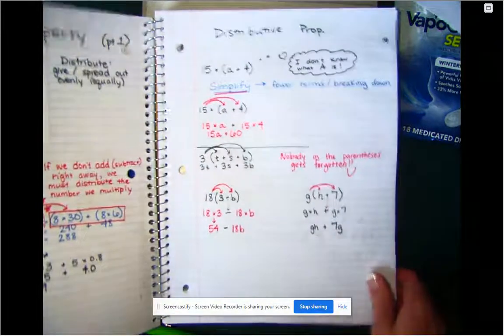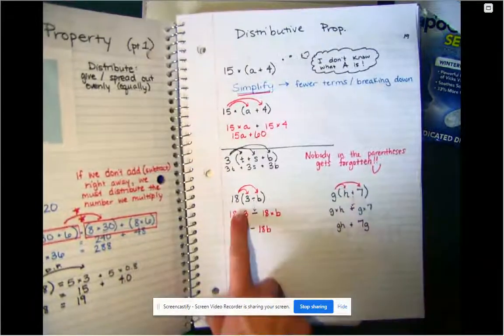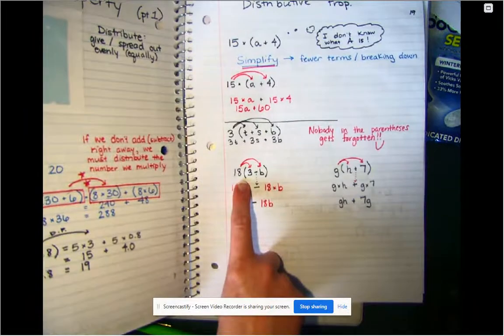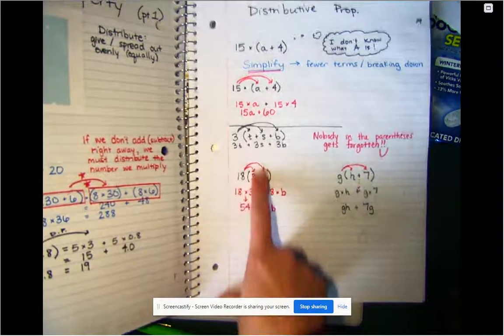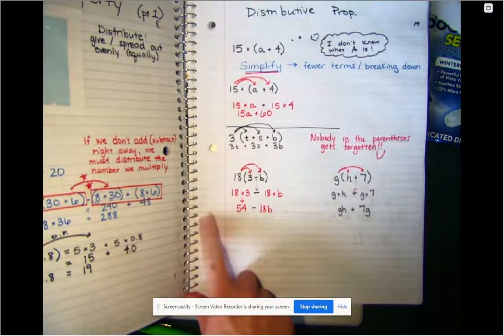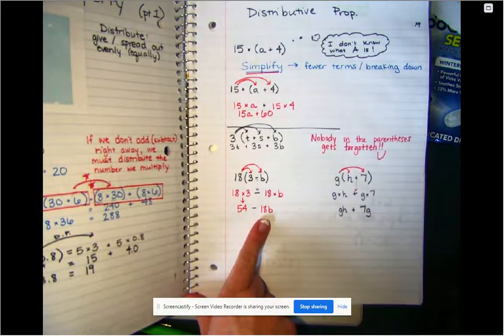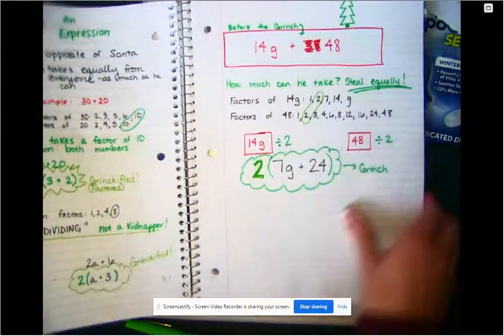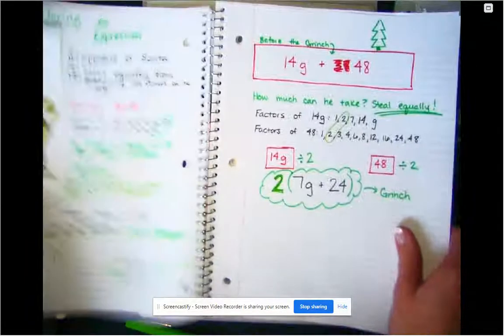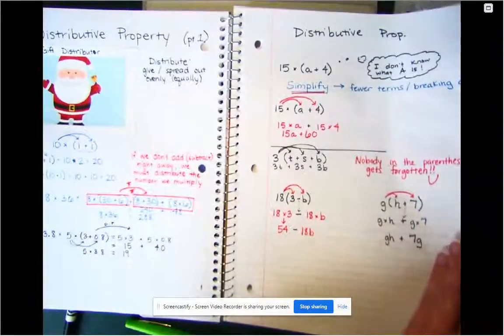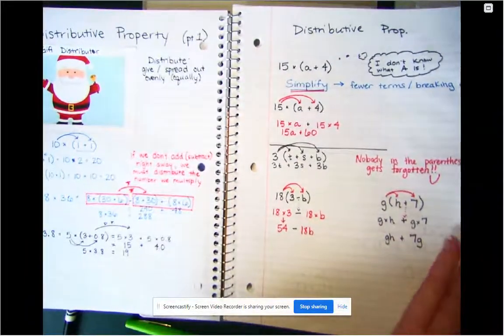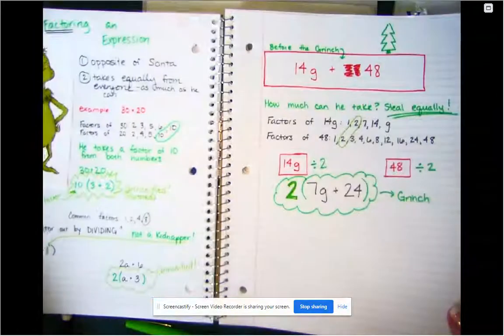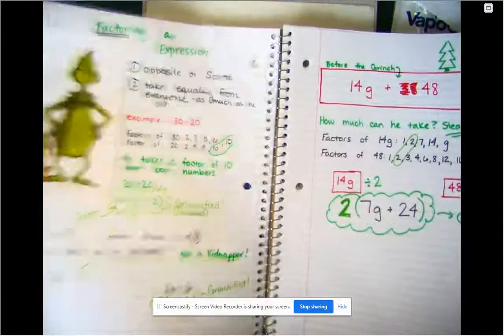Other times, we start with something like this, and it would be easier for us to work with if we distributed it so that there were no more parentheses. Sometimes we don't want parentheses, sometimes we do want parentheses. But now you know how to distribute, the distributive property of multiplication, and its evil twin, factoring an expression.